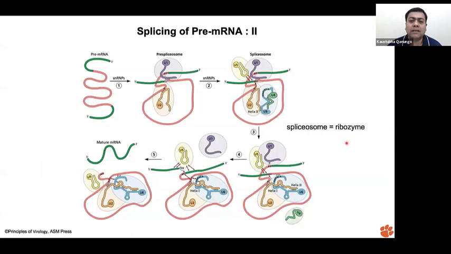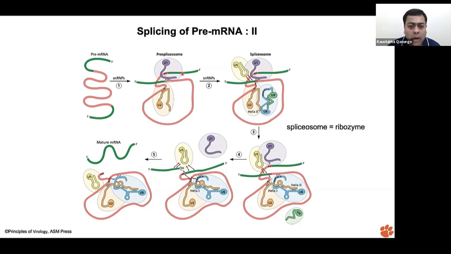We have always seen that these reactions are carried out by enzymes, which are proteins. Here, the catalysis is done by the RNA itself, the ribozyme. And this is probably a relic of the RNA world, where the RNAs evolved this way by their own catalysis. So the spliceosome is nothing but a ribozyme.